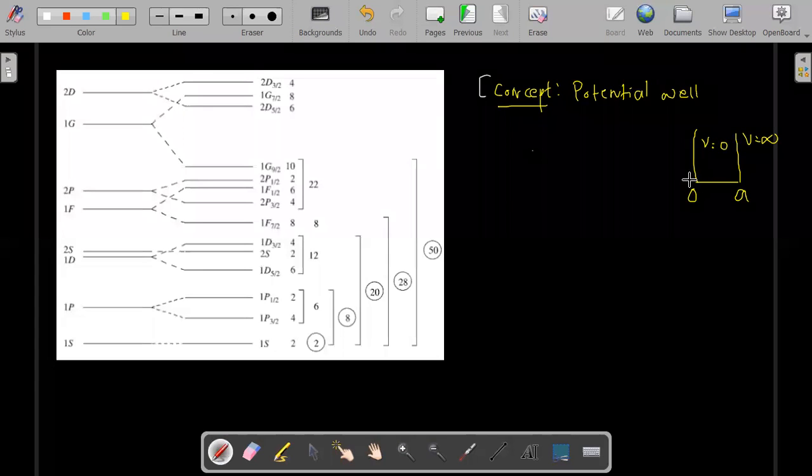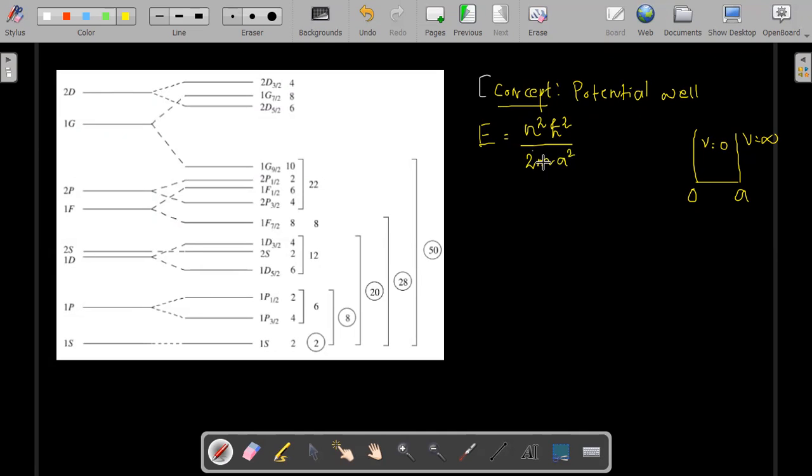Now, even if you take a finite square well potential, we can find out the energy of the electrons bound by this potential. You might have derived it in quantum mechanics for the square well potential. It is n squared h-bar squared divided by 2m a squared, where a is the width of the potential.